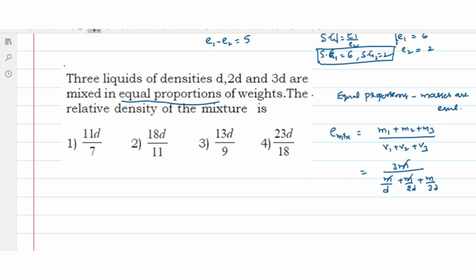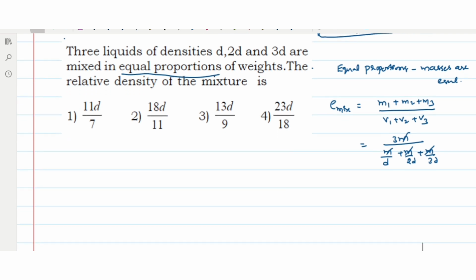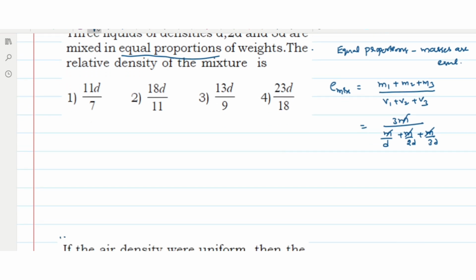By taking m common in the denominator, m you can remove. Then the density of the mixture will be 3 into, by taking LCM, 6D in the numerator by 11. So it's 18D by 11, the density of the mixture.